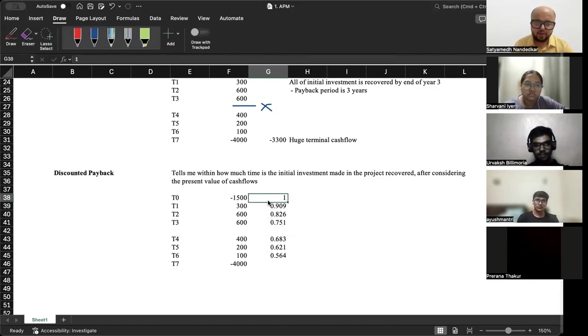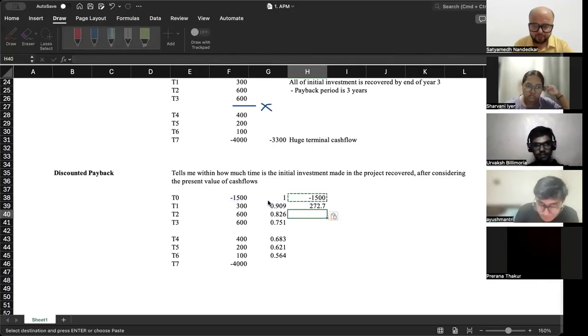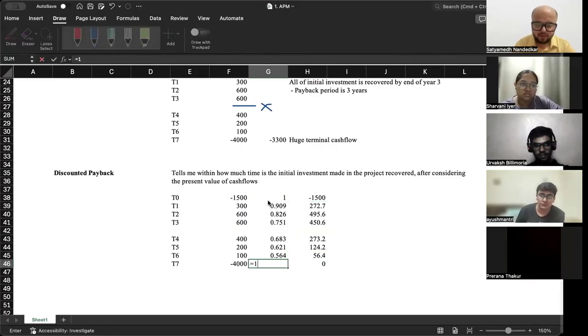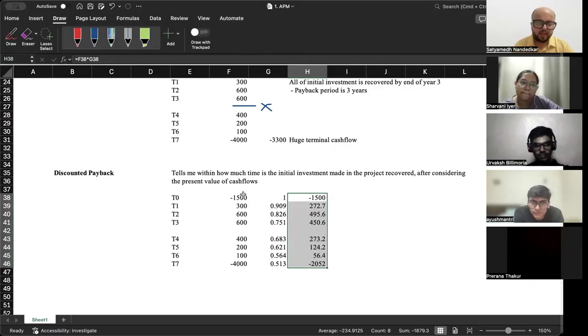These are your regular discounting factors. Now, how much are the discounted cash flows? Multiply. I don't know what is the discounting factor for the seventh year. 0.513. So what are these? These are my discounted cash flows.